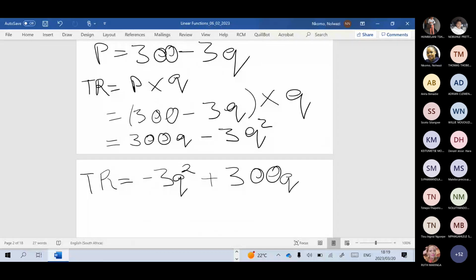Even though, if I just give you this equation and say you find the maximum or minimum total revenue, right?